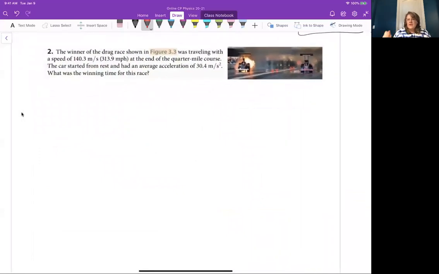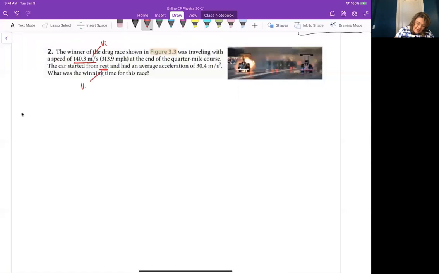Okay, so we have read the problem. Step 1. Step 2, reread the problem, underline key things. Define what those key things are. The winner of the drag race shown in the figure was traveling with a speed of 143 meters per second. What is that information? That is my initial velocity. At the end of the quarter-mile course, the car started from rest, so I have to go back and change that, but that rest is pretty important.